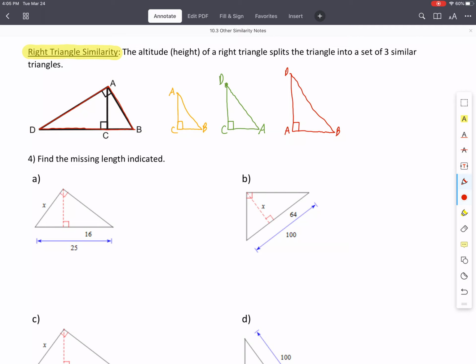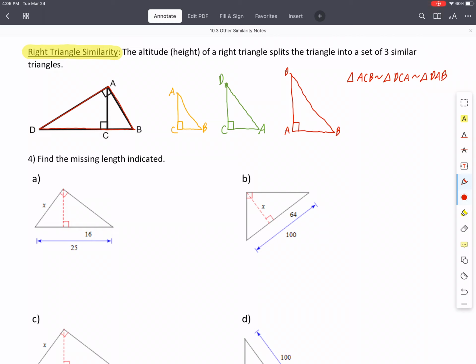So here we know that we can write this as triangle ACB is similar to triangle DCA, which is similar to triangle DAB. So all those are similar.